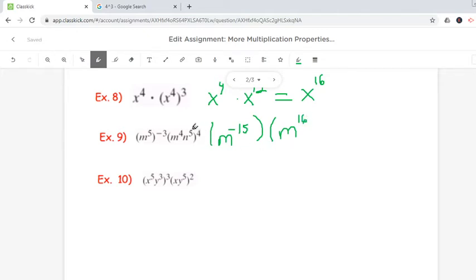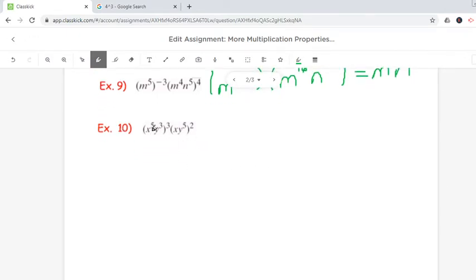Okay, and then 4 times 5, that is 20. Okay, so now we can add. There are no exponents outside, so we can add. So we have negative 15 plus 16. That equals 1 or just m. Then we have n to the 20th.